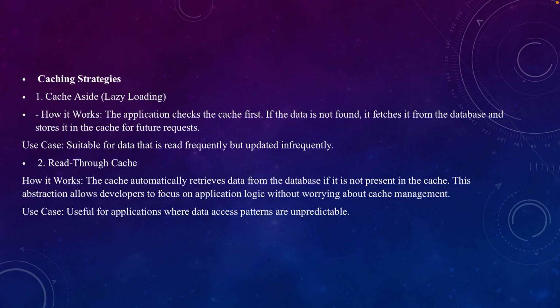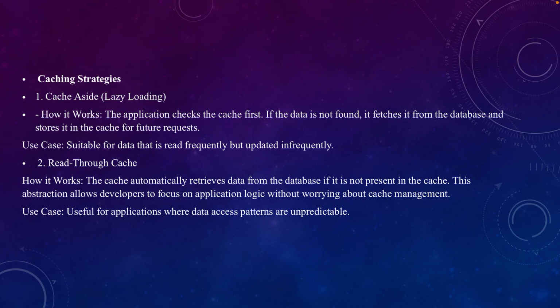If the data is not found, it fetches it from the database and stores it in the cache for future use. So the application manages the cache. That's the meaning of cache aside.